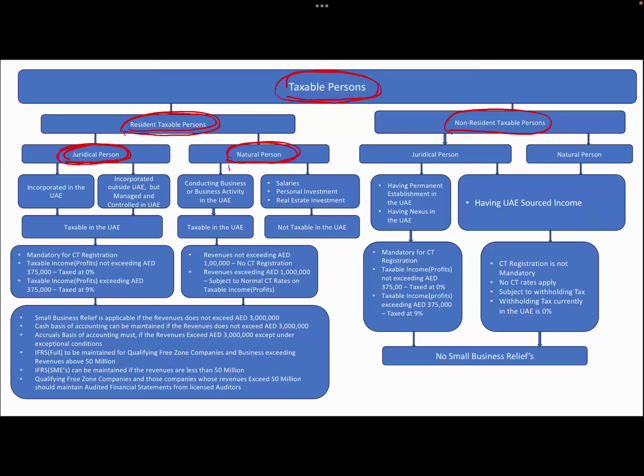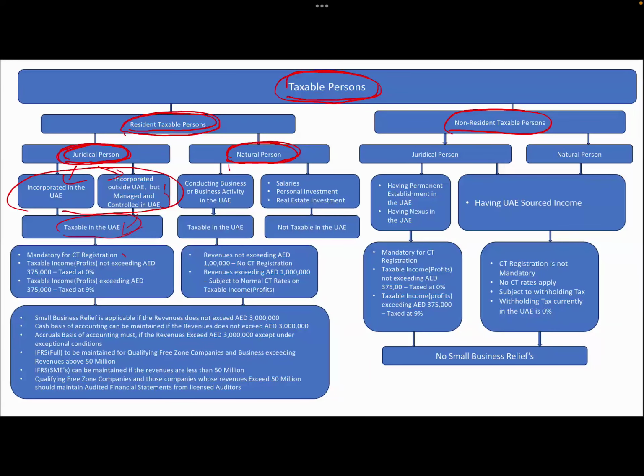Now, juridical persons incorporated in the UAE. Now, there are juridical persons which are not incorporated in the UAE but are managed and controlled in the UAE. Be it incorporated in the UAE or not incorporated in the UAE but managed and controlled in the UAE, both of these companies are taxed in the UAE, right? Now, what will be their implications once they come to know that they will be taxable in the UAE?